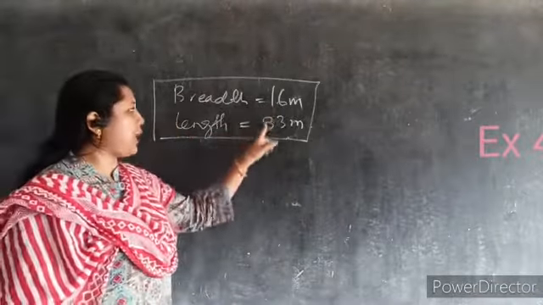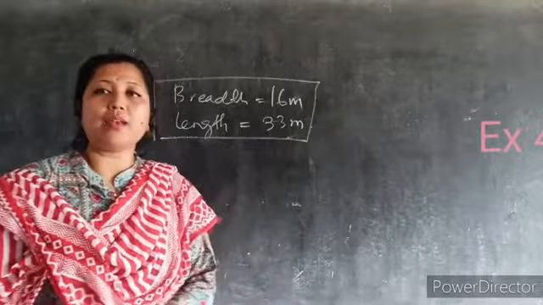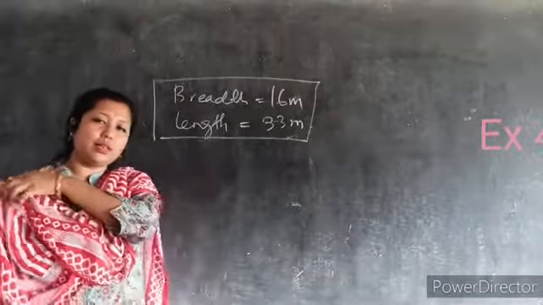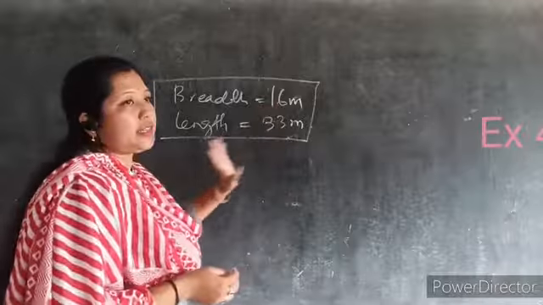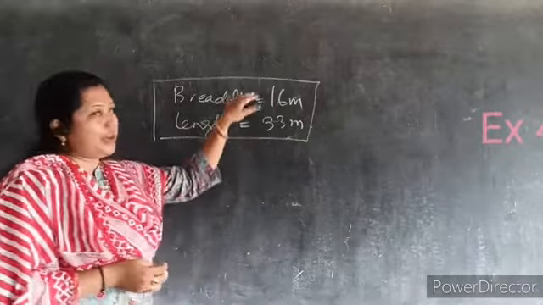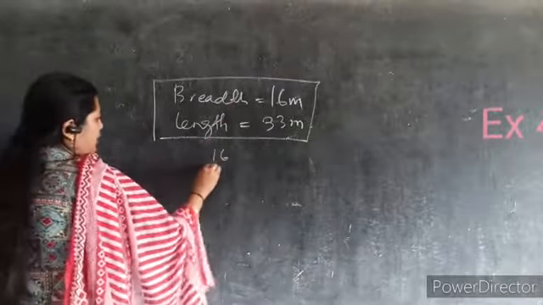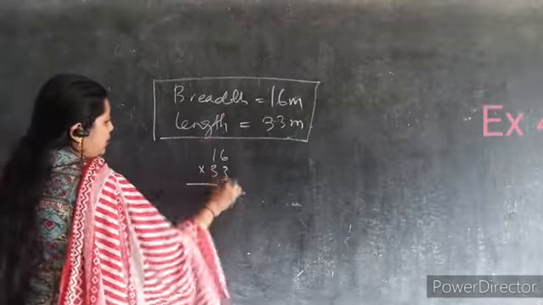Breadth is 16. So how have we got length 33? Because according to the question, length was 1 more than twice its breadth, isn't it? So whether the answer is correct or not, you can cross verify it, because when you multiply length and breadth, your answer should be equal to what? 528, isn't it? So let us see whether our answer is coming or not.